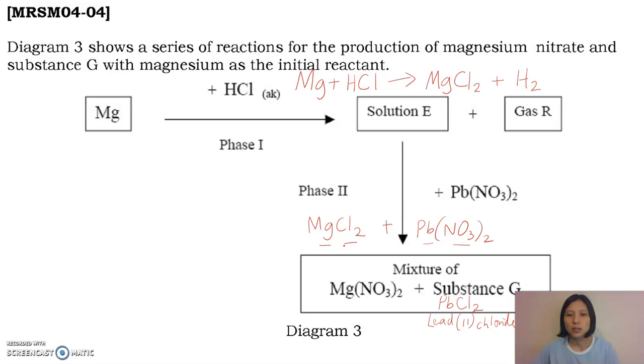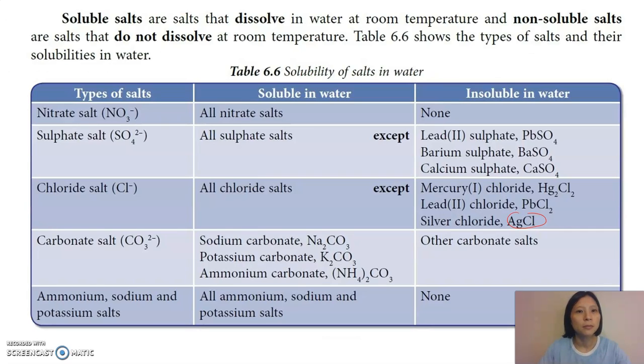Is this magnesium chloride a soluble solution or not? Is it soluble? We refer back to the page in your textbook. Yeah, this one. All chlorides are soluble except for PAH. P-A-H. Check PAH.